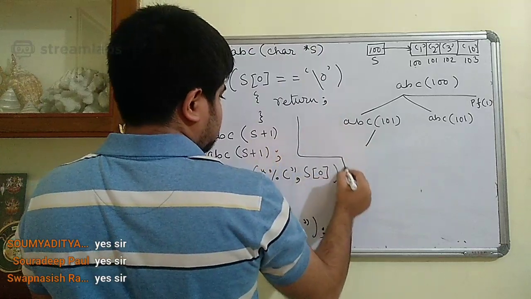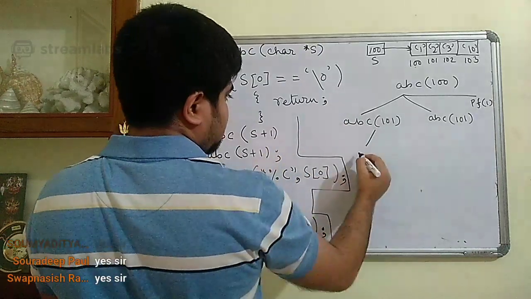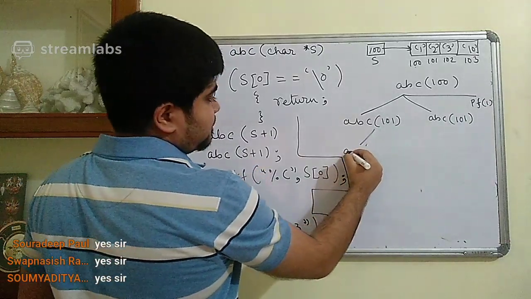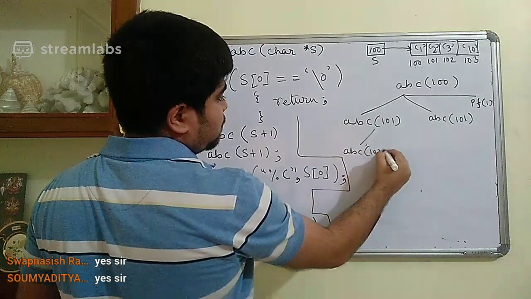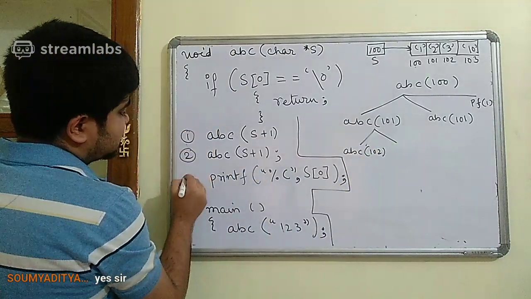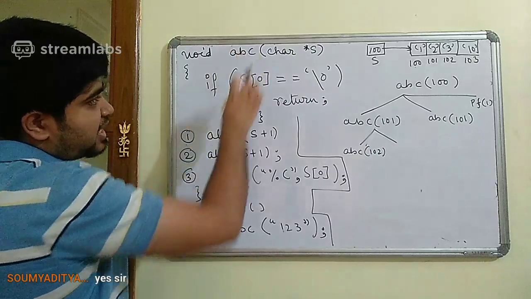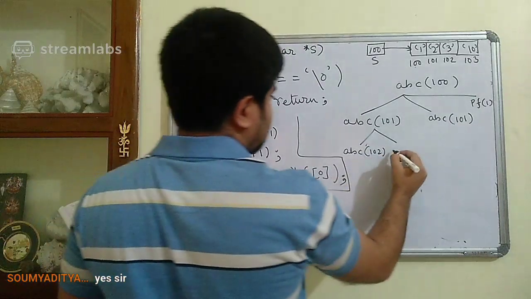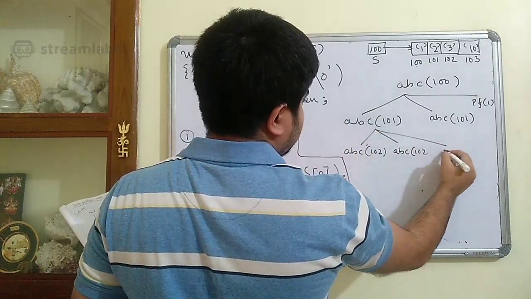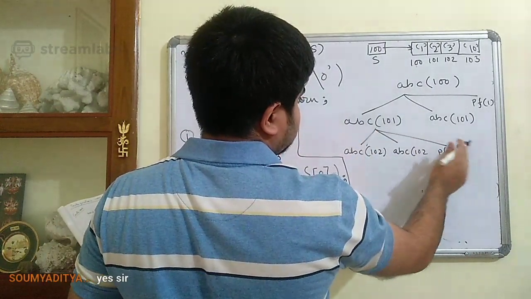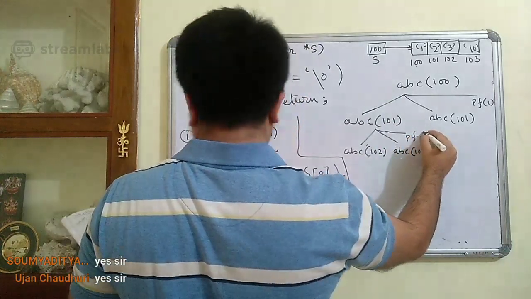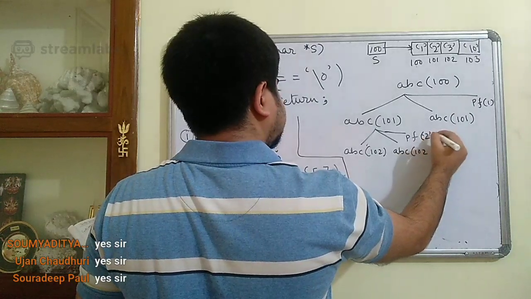I'll just do this so that it is helpful. Then ABC 102. So this is the first line, this is the second line, this is the third line. These are the 3 lines that are executed for each function. ABC 102, printf 2.